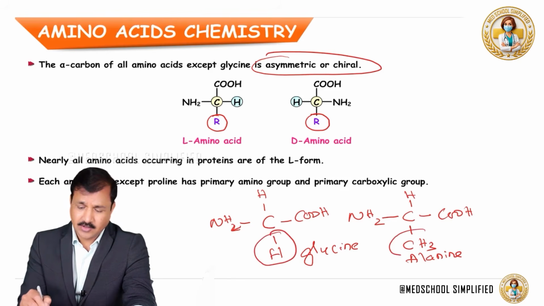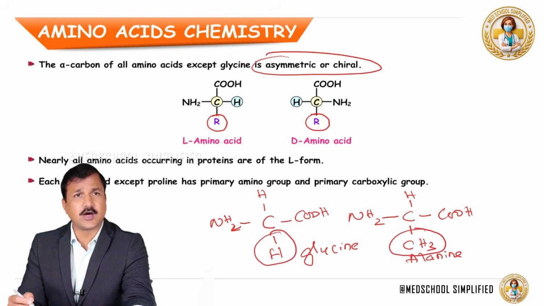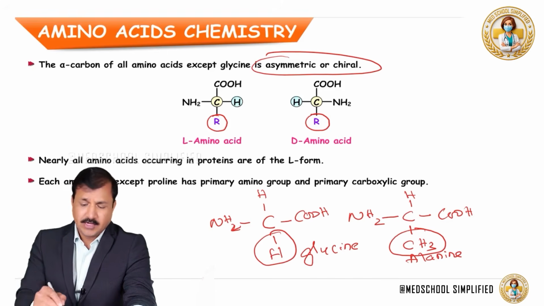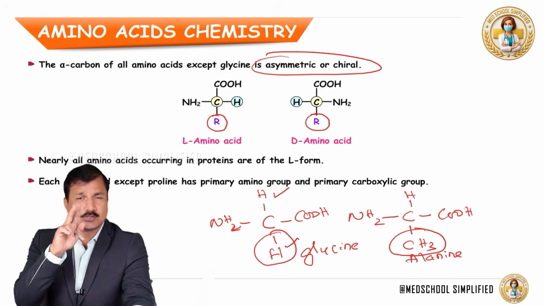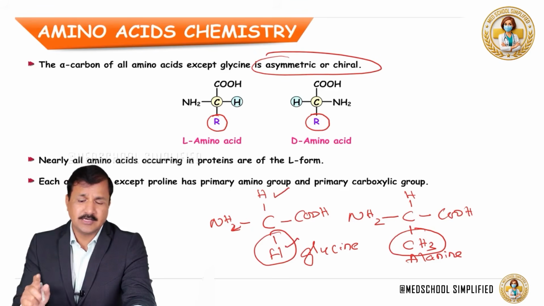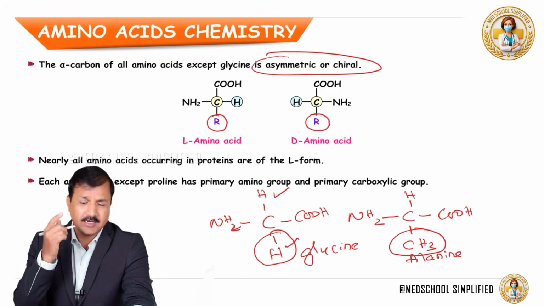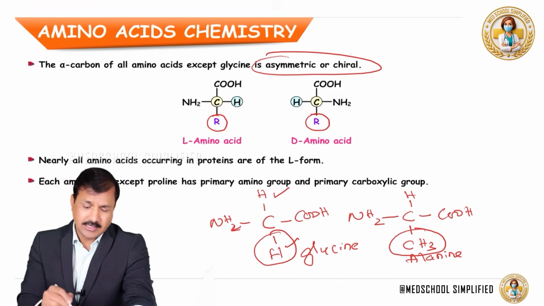Now the difference between glycine and alanine is only the R groups. I am circling the R groups. Just pay attention to the R group. The R group in glycine is just H, whereas in alanine it is CH3, a methyl group. Now look at glycine. The alpha carbon is attached to the carboxylic group, the amino group, and then there are 2 H. So 2 similar atoms are attached to the alpha carbon, and that is symmetric. It's not chiral or asymmetric. That's why glycine is achiral.